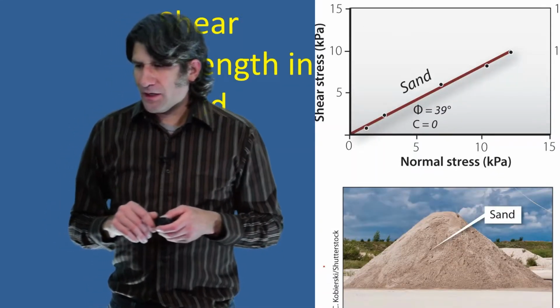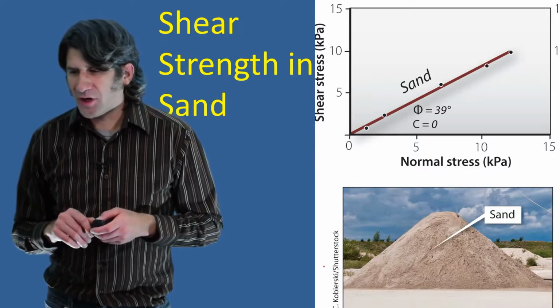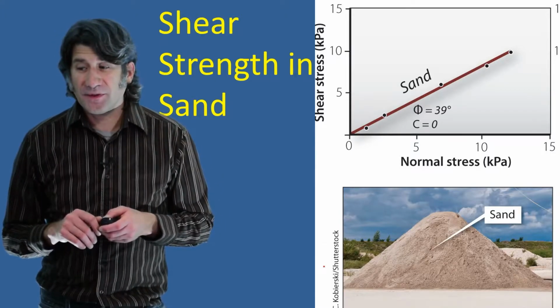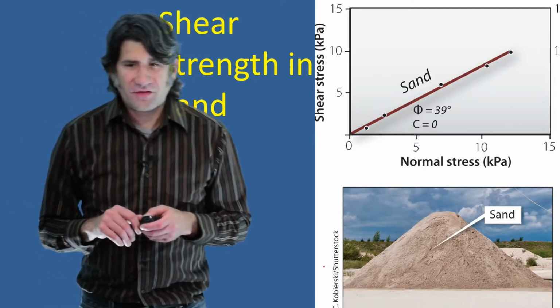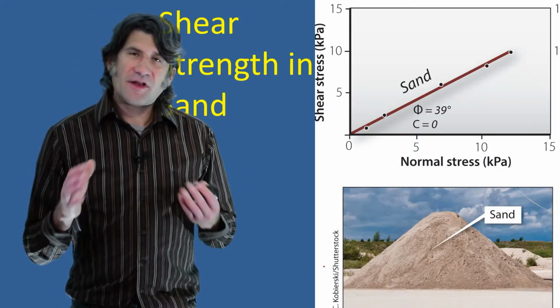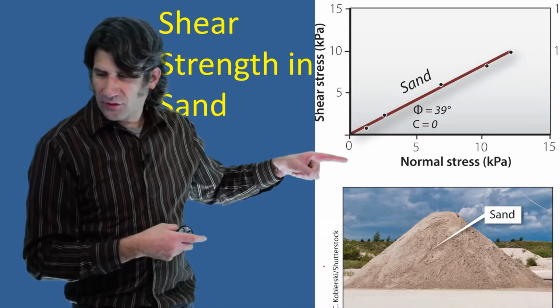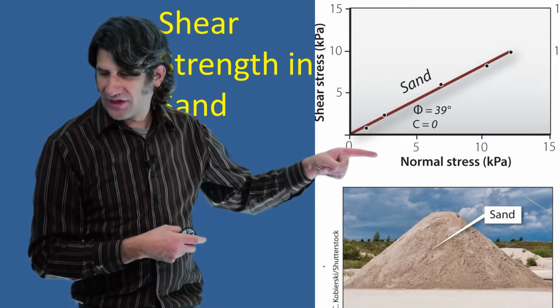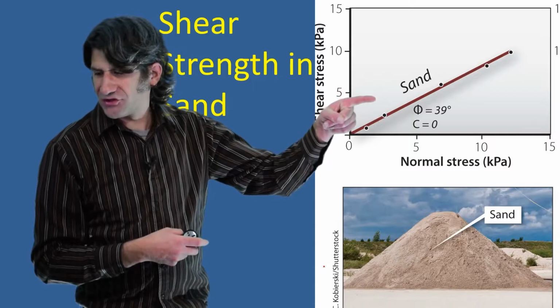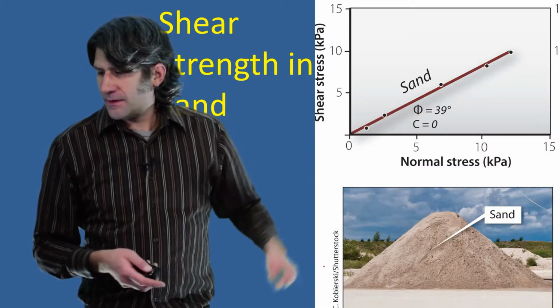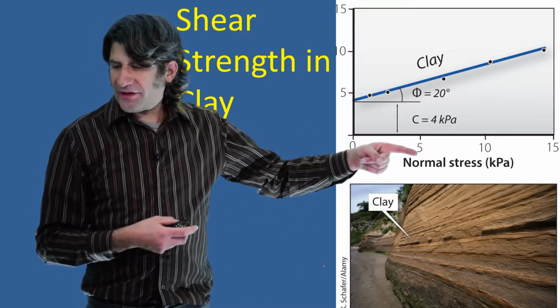Okay, if we think about the difference in some common materials, we can think about the difference between the shear strength of sand versus clay. As I mentioned, sand isn't particularly cohesive, so we start here with no cohesion, and then as we increase the normal stress, we increase the shear strength of the material. Clay, on the other hand, is sticky.